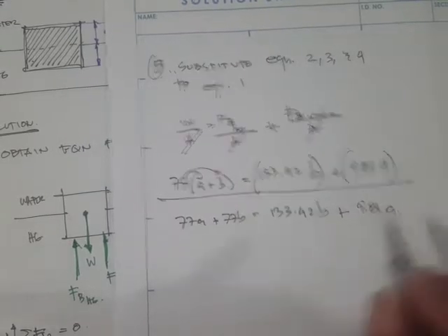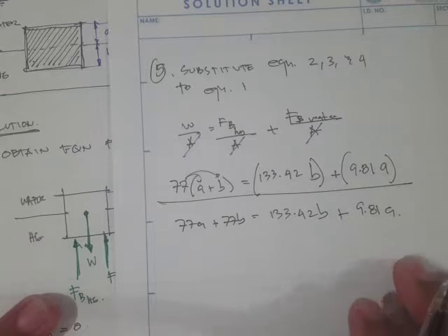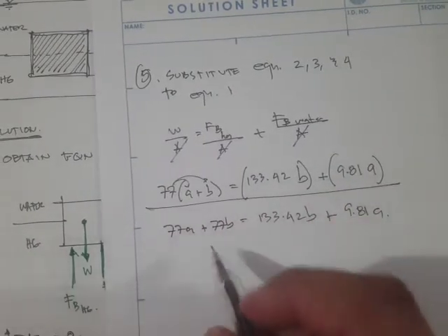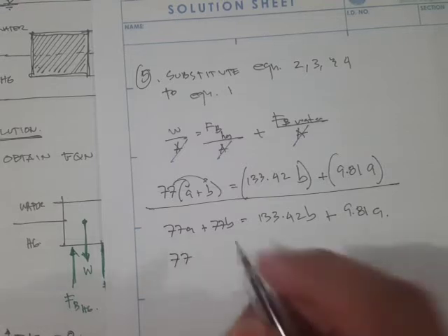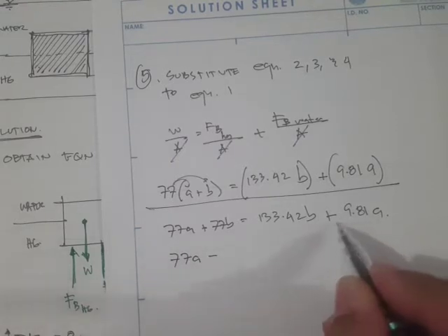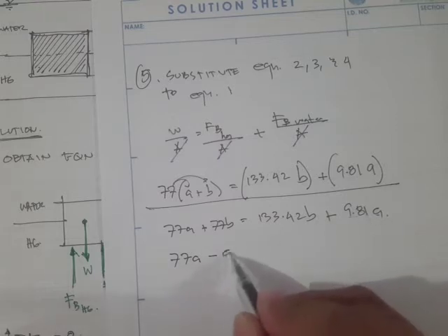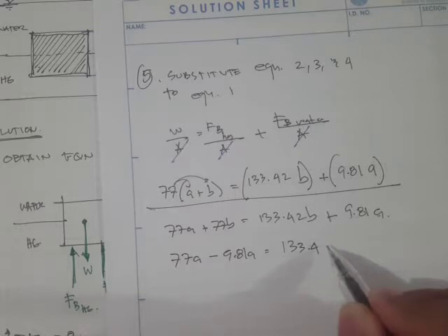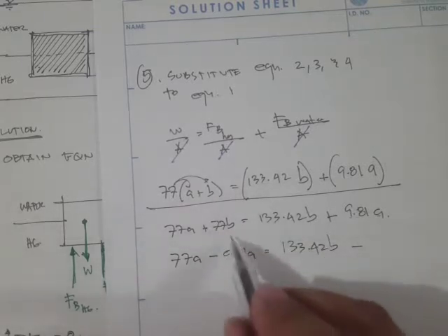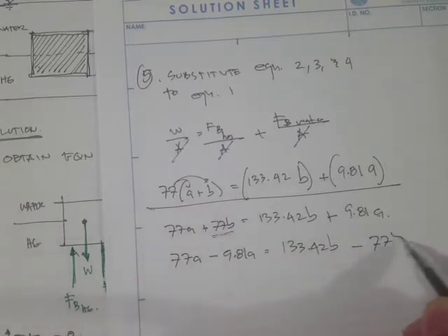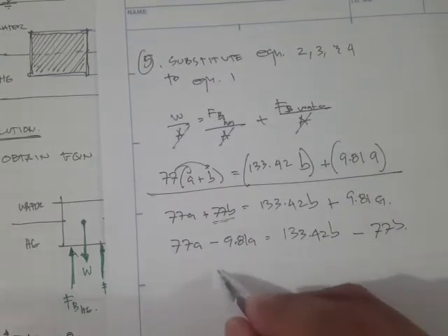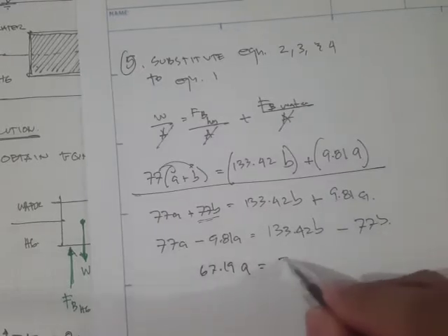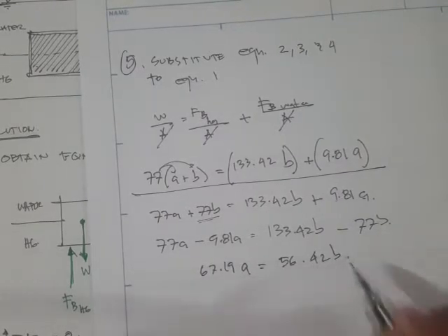9.81A. So let's group the A on the left side: 77A minus 9.81A is equal to 133.42B minus 77B. And what we get is 67.19A is equal to 56.42B.